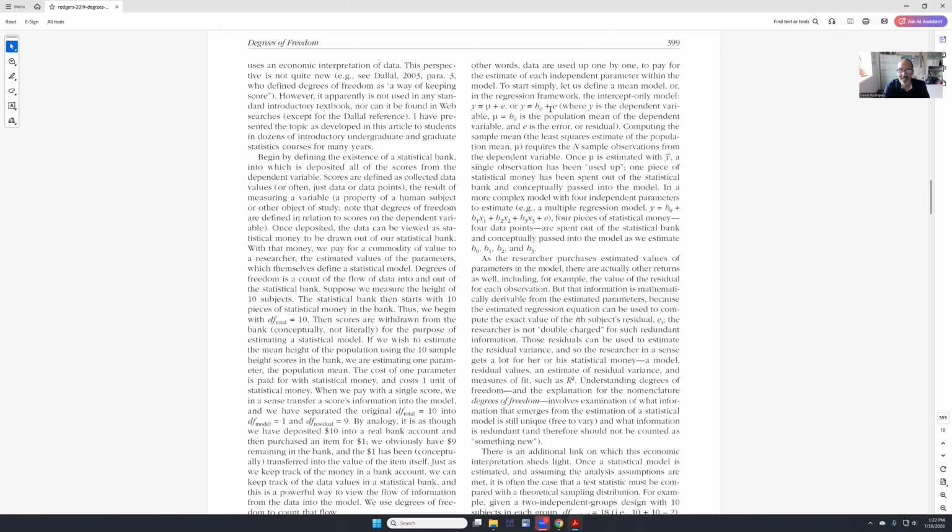Or let's say it's 17, another one is 17, pull that one out, and that one would be our estimate of our population mean, right? So we're pulling one of those out so that we're losing 1 degree of freedom. We spend $1 basically, right, in order to make that estimation. So now we have, instead of $50, we have $49 left. It costs us a unit of currency, or $1, or a degree of freedom, if you will, in order to make that estimation, right? So now we have 49 left, right?